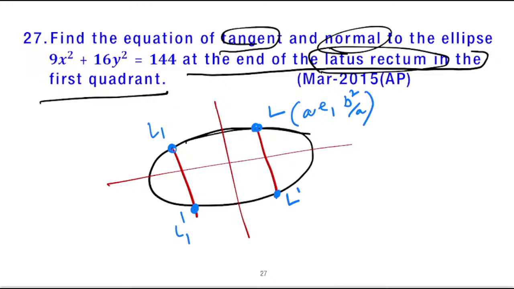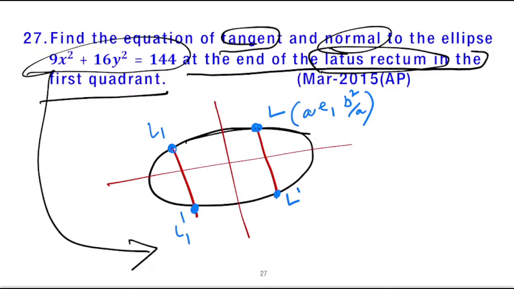So if that is the case, first of all, from the given equation you have to get x square by 144 by 9 plus y square by 144 by 16 is equal to 1.